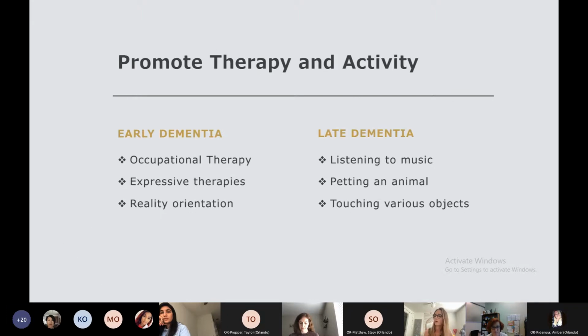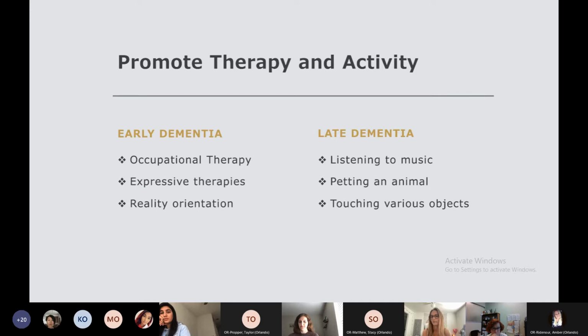So for early dementia, occupational therapy and expressive therapy is offered, and it can be beneficial for them. And reality orientation is basically daily group therapy, and it can even be as simple as just reminding the patient of their name, every time you encounter them.